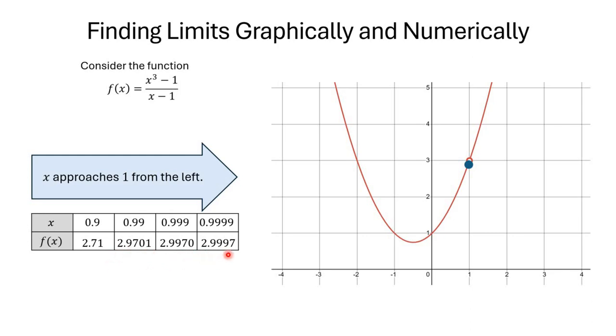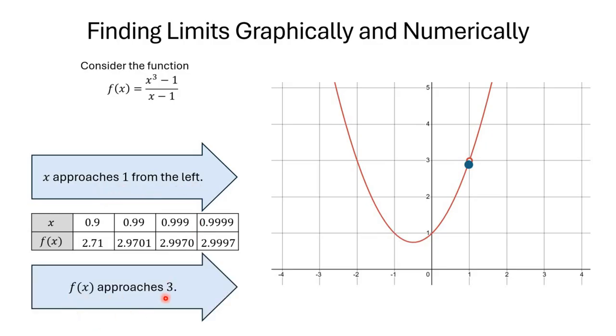So these consecutive y values are closer and closer together, but also getting closer and closer to the number 3, and therefore we can estimate that as x approaches 1 from the left, the y values, or the f of x, seem to be approaching 3.